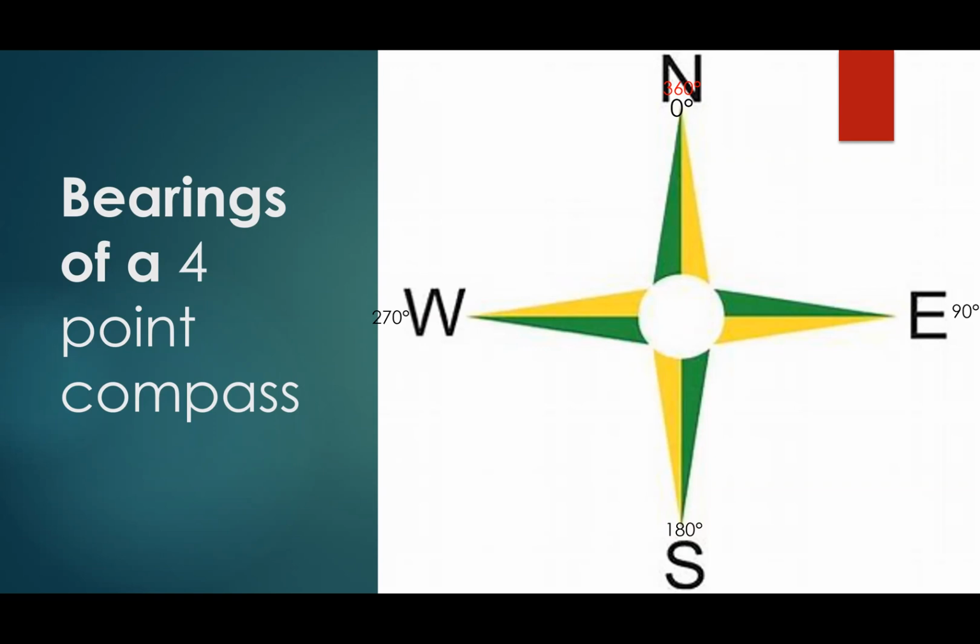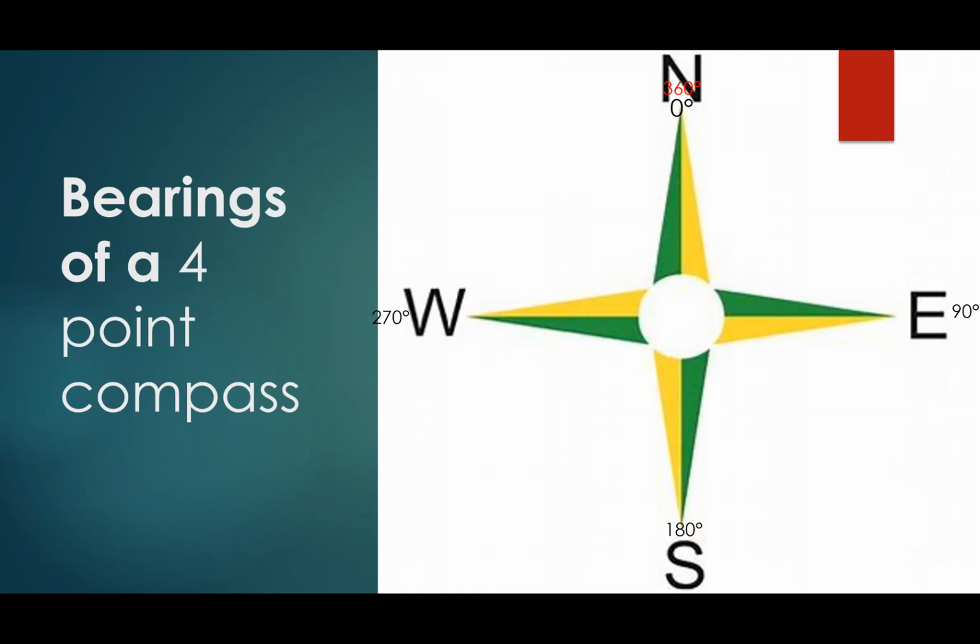So 0 degrees is at north, 90 degrees bearing is at east, the bearing of south is 180 degrees. The bearing of west is 270 degrees. And the bearing of north is also 360 degrees.